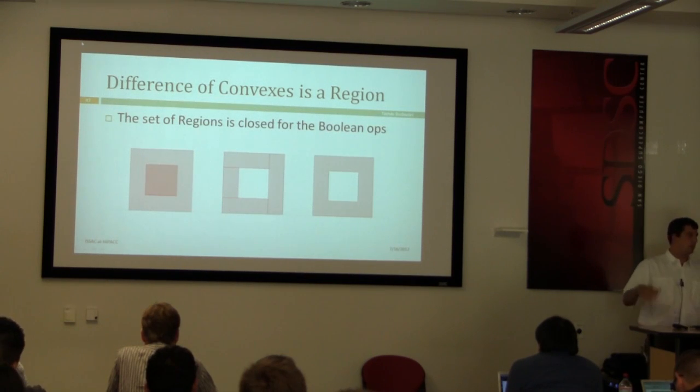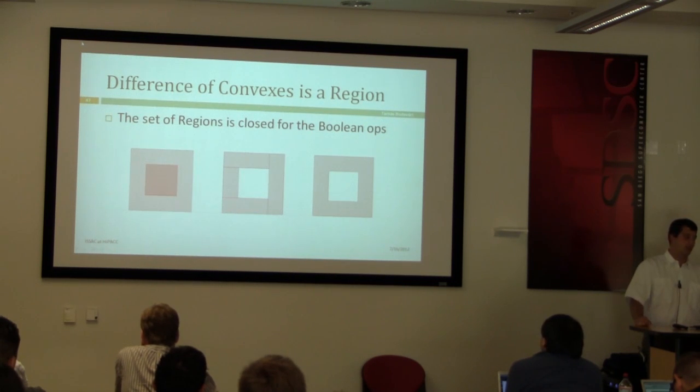So difference is another one of these Boolean operations. It turns out to be very useful and often used. This is where the regions come into play. If you wanted to just use convexes to describe everything, you couldn't do differences because the difference of two convexes is not a convex anymore. Okay.